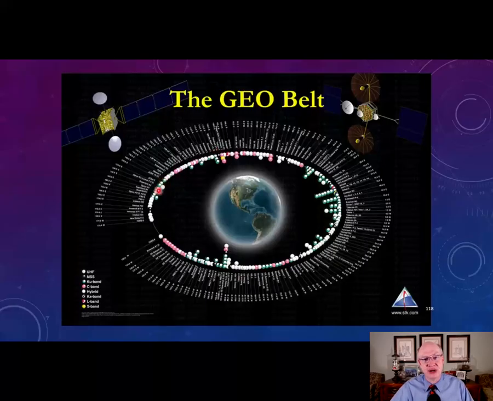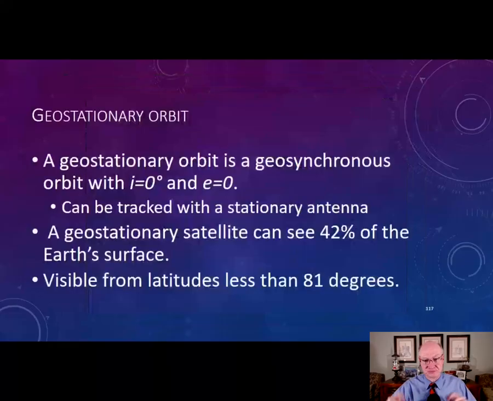Because they have 0 inclination, they're directly above the equator. Because they have 0 eccentricity and an orbital period of 23 hours, 56 minutes, 4 seconds, they appear to sit still in the sky. You can aim your Dish Network dish at the satellite that's broadcasting your Dish Network, and you never have to move the dish again. So that's the great advantage to geostationary satellites: you don't have to move the dish around.